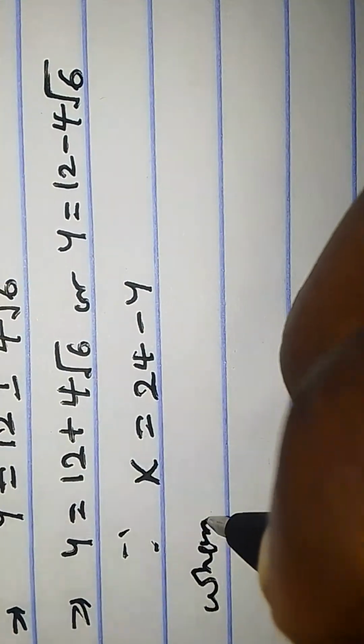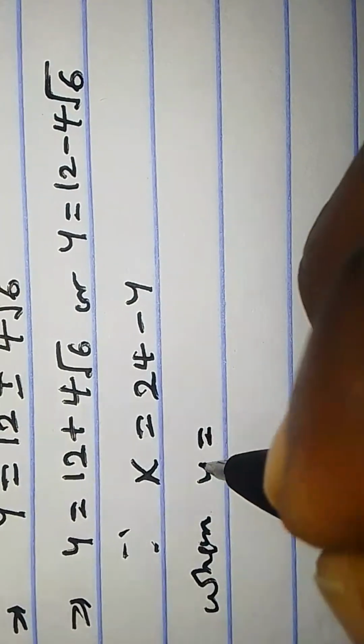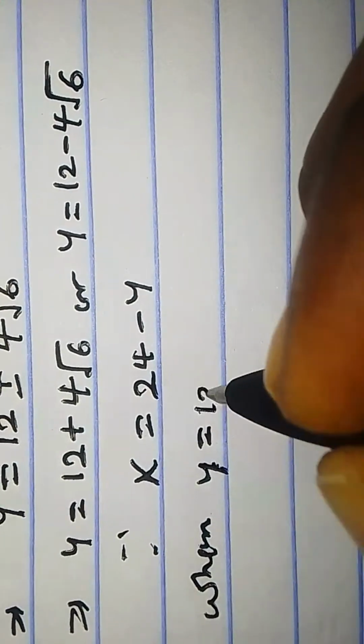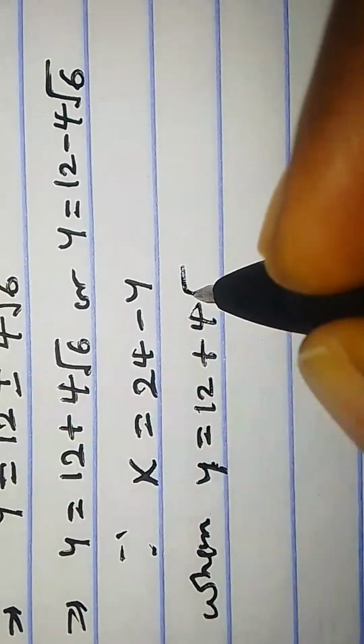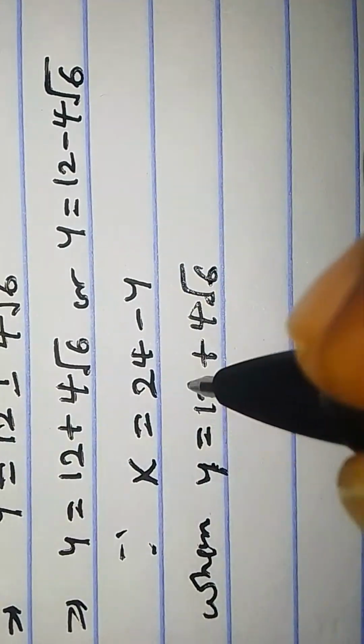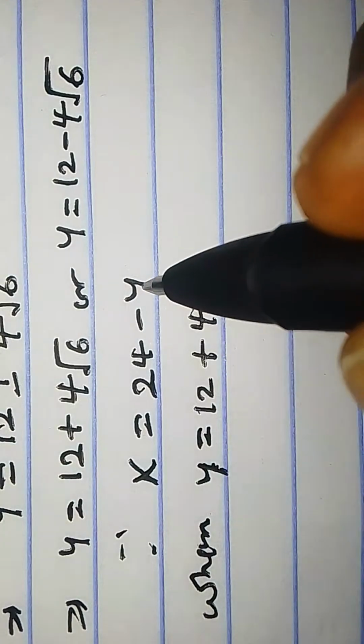When y is equal to 12 plus 4 times square root of 6, we have to plug in this value here.